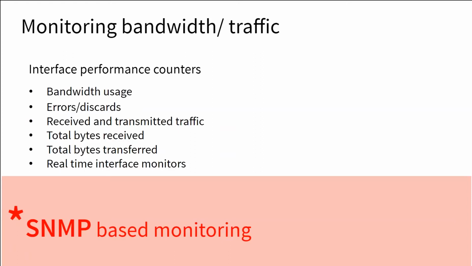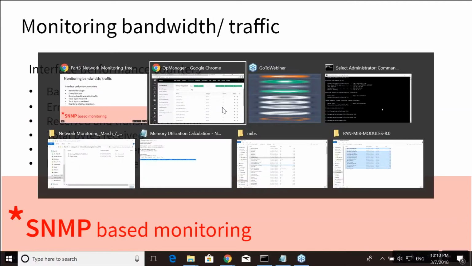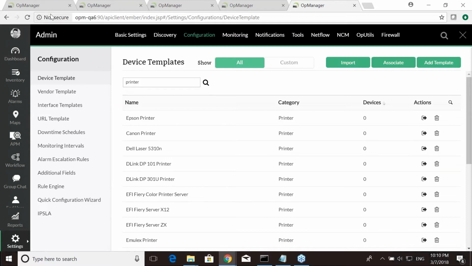That is one of our add-ons that is available to OpManager, and it is also available as a standalone tool. You can use that for flow based monitoring, but with OpManager we can do only SNMP based monitoring of bandwidth usage. So let me show you an example again.